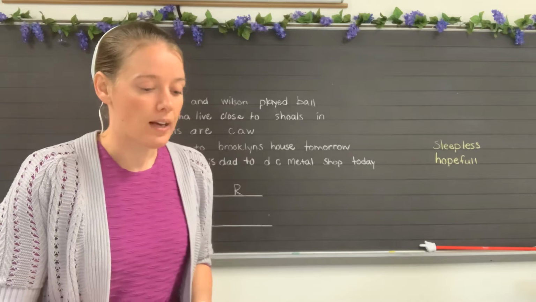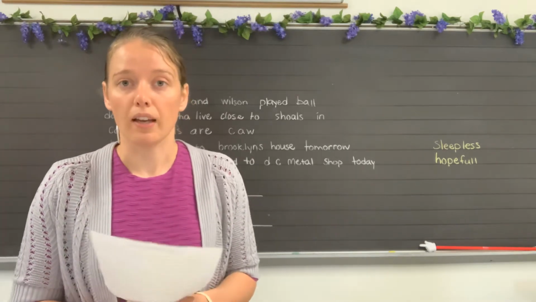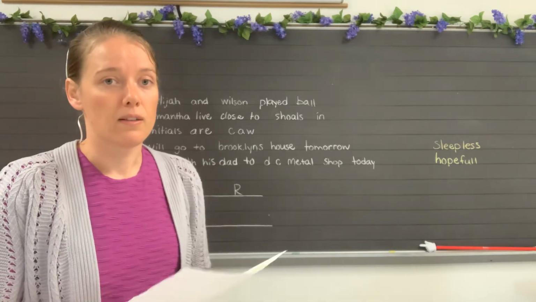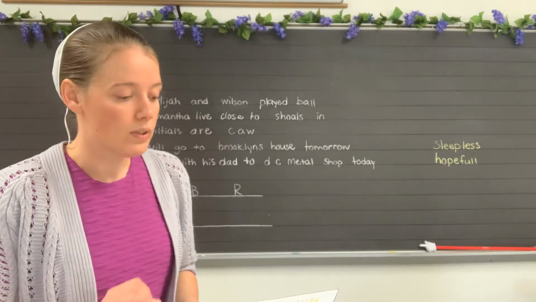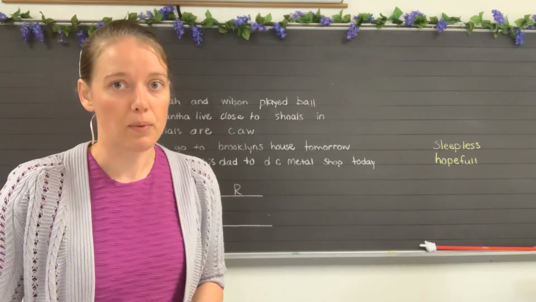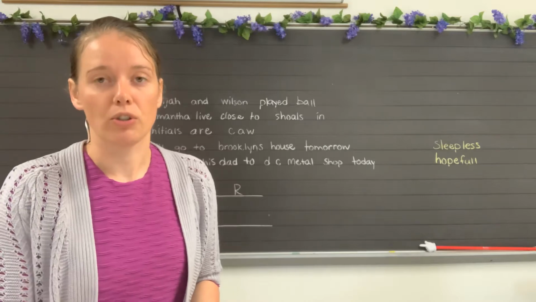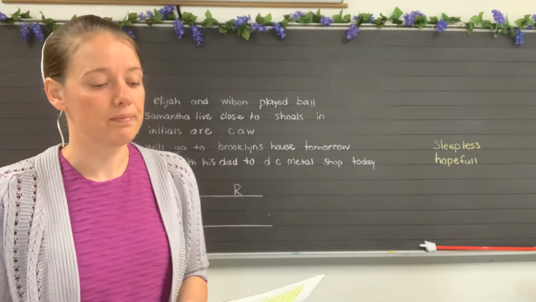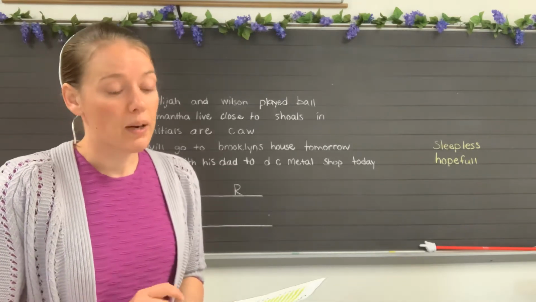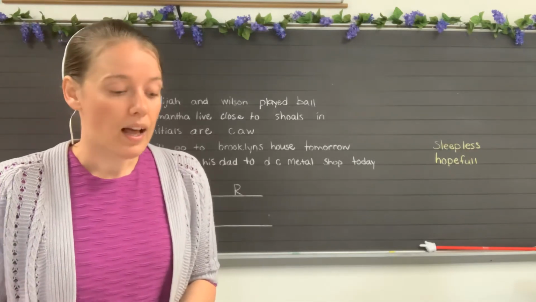Number 3, capitalize important words and titles. If you have a title of a book or any title of a story, you capitalize the important words. Always the first and last word get capitalized, and any word in the middle that's a larger or more important word. Number 4, capitalize the word I. I always gets capitalized.